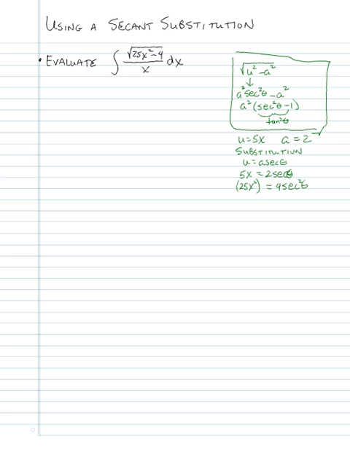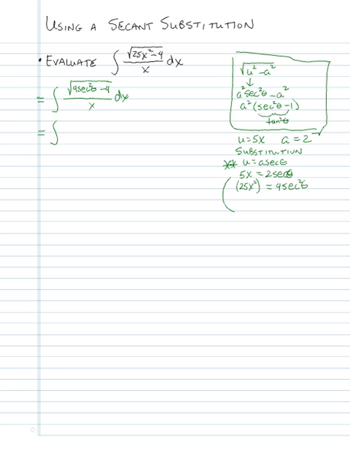So we come down to evaluate this integral. What we're going to first do is replace, just as I said, the 25x squared with 4 secant squared theta based on what we've done right here. So 4 secant squared theta, and then minus 4 is still under the square root, and an x dx. Now, obviously, we've got to deal with that x, and we've got to deal with that dx. So, the fact that we have 5x, how are we going to deal with x?